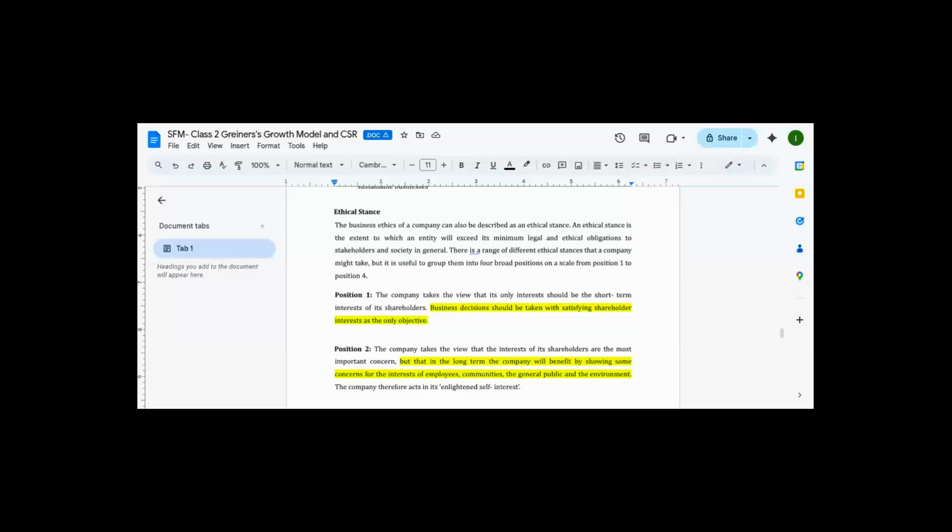There is a range of ethical stands that a company might take, but it is useful to group them into 4 broad positions on a scale from position 1 to position 4.